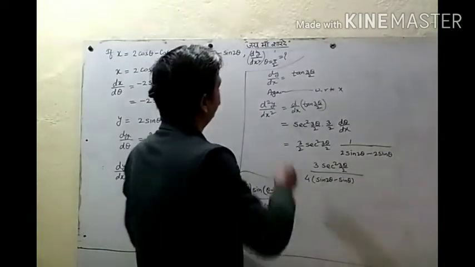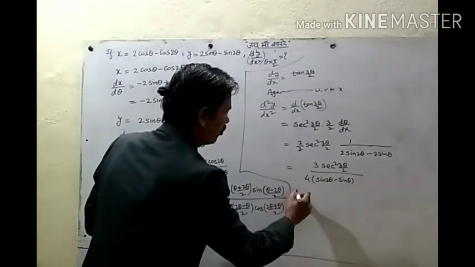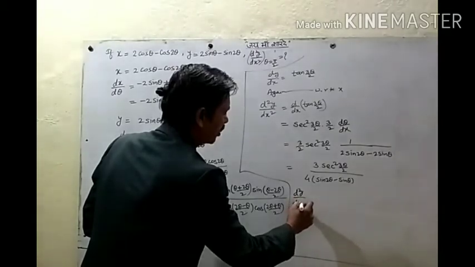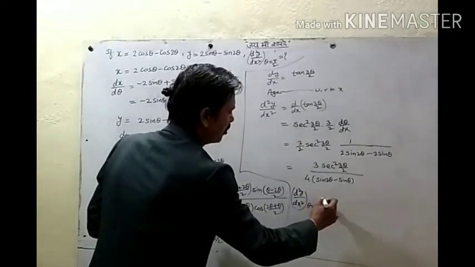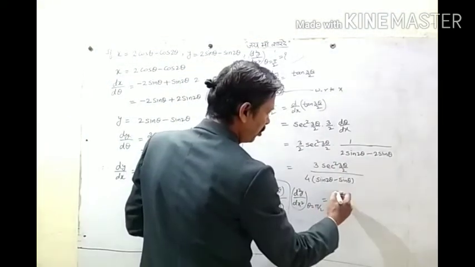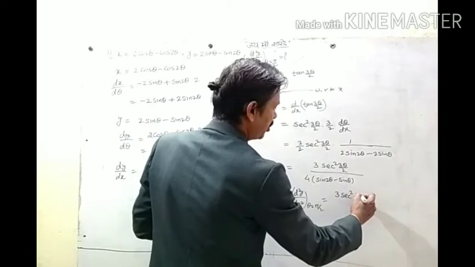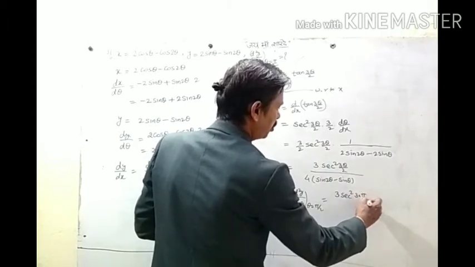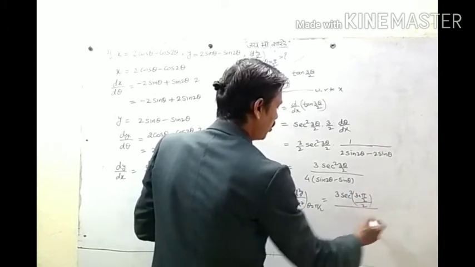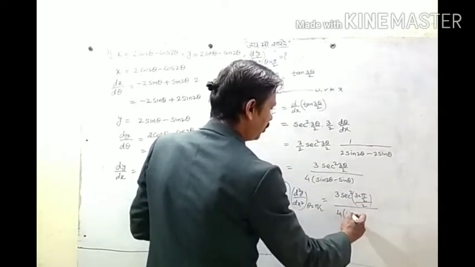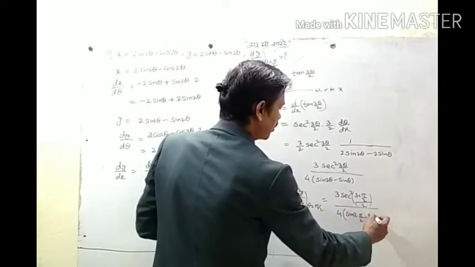But we need the value of the second derivative at theta equal to pi by 2. Just replace theta with pi by 2, so 3 sec square (3 into pi by 2) upon 2, divided by 4 times sin 2 into pi by 2 minus sin pi by 2.